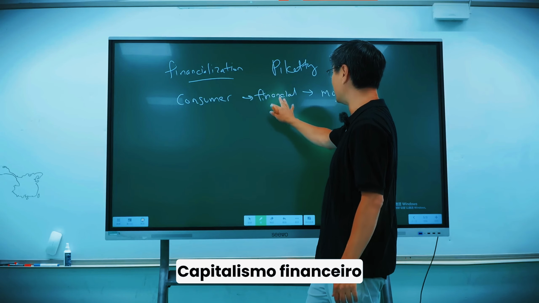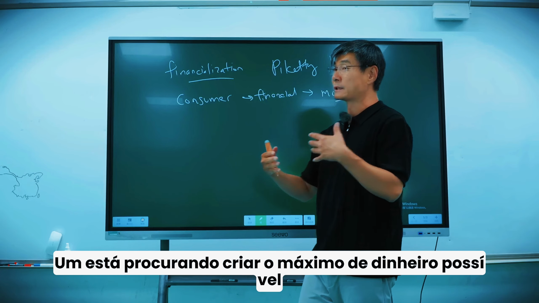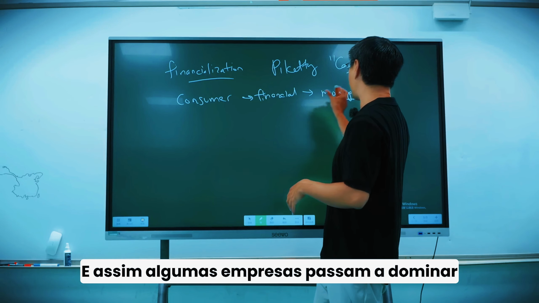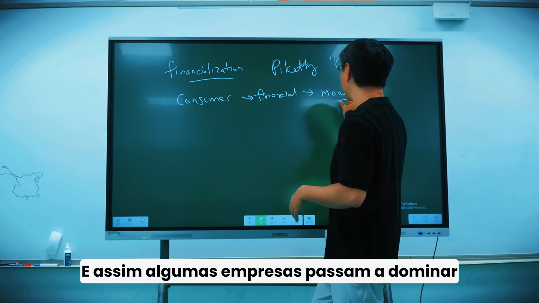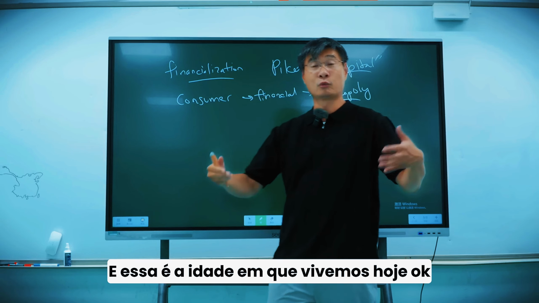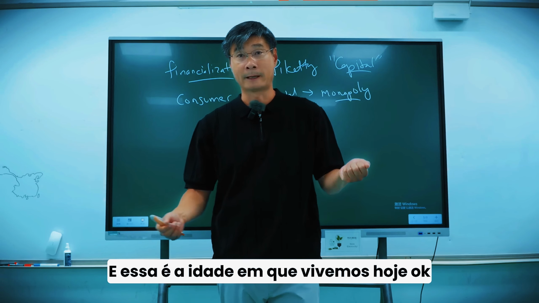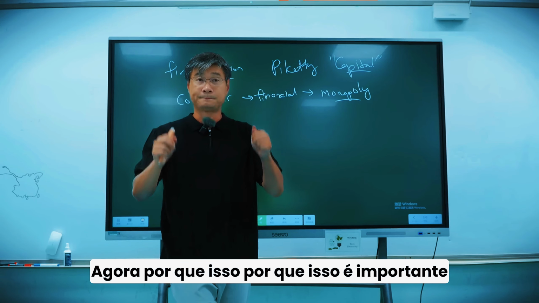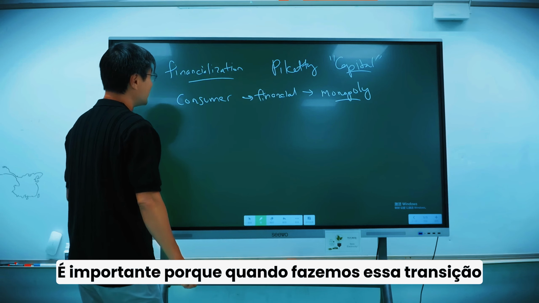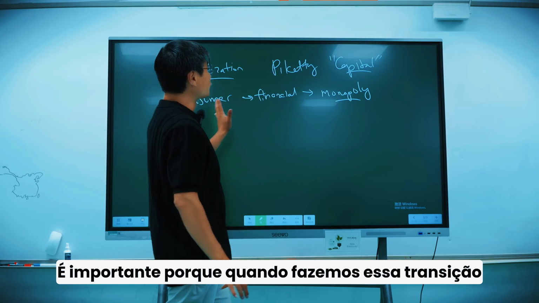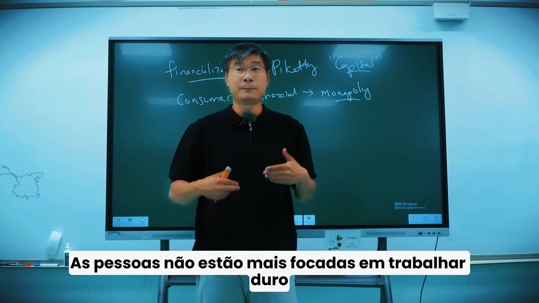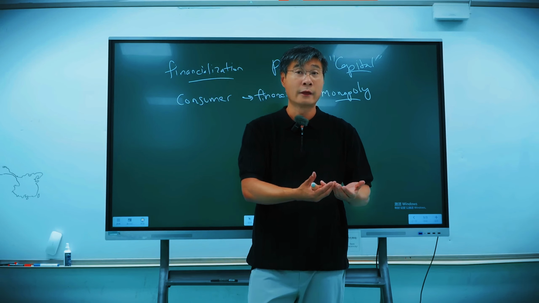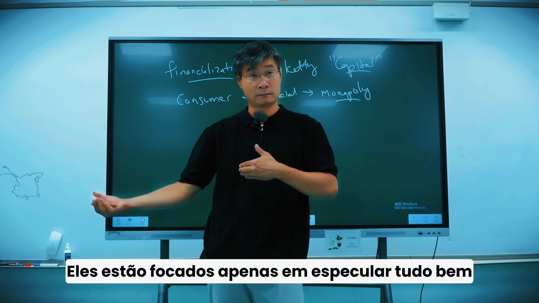Financial capitalism is looking to create as much money as possible, not as much wealth. And so a few companies come to dominate, become monopolies. And that's the age we live in today. Okay? Now, why is this important? It's important because when we make this transition, people are no longer focused on working hard. They're only focused on speculating.